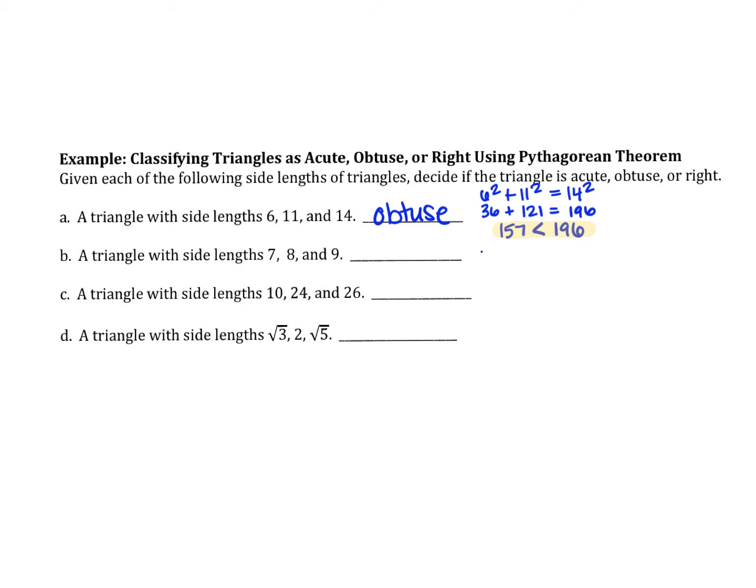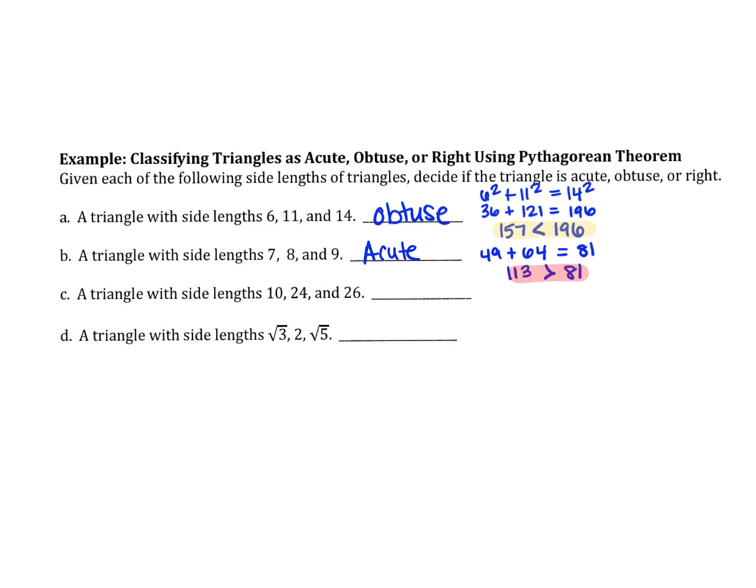Okay, let's do the next one. So 7 squared is 49. 8 squared is 64. And then we're going to see if this is equal, less than, or greater than 9 squared, which is 81. So 49 plus 64 is 113, and 113 is greater than 81. So when it is greater, we have acute.